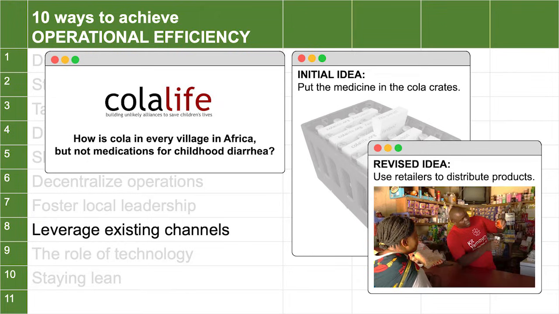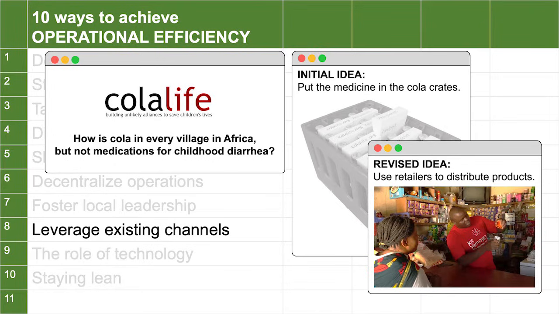And so they realized that they could leverage the existing channels, even if it wasn't the transportation crate, but the retailers, those small mom and pop shops that you have at most villages or most rural areas. So leveraging existing channels fits hand in hand with a lot of the things we've talked about, and they all kind of fit together. So you might be able to do multiple of these.